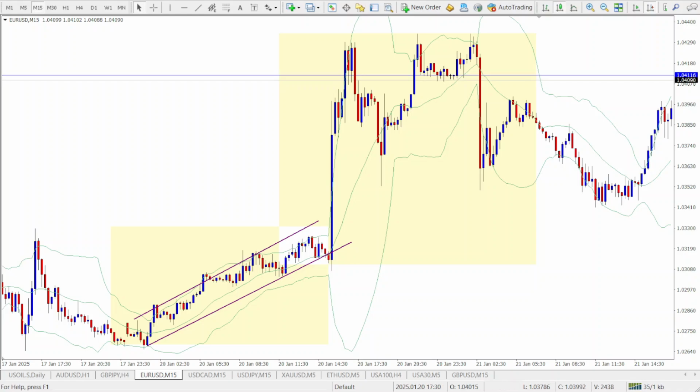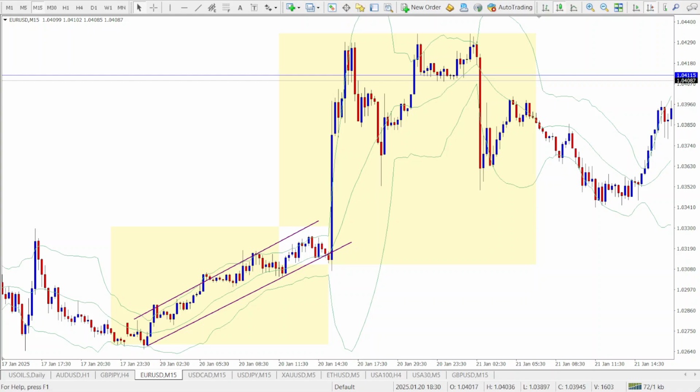Now, the Bollinger Bands measure volatility by showing how far prices deviate from a moving average. Okay. So basically, when the bands contract, like what we had here, it signals low volatility. Okay. And then when the bands expand, right?